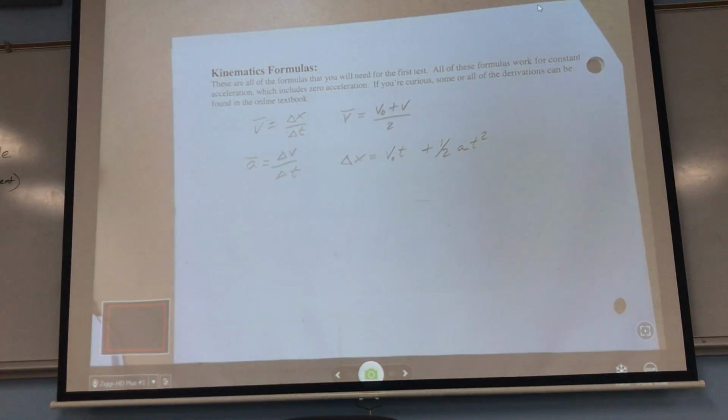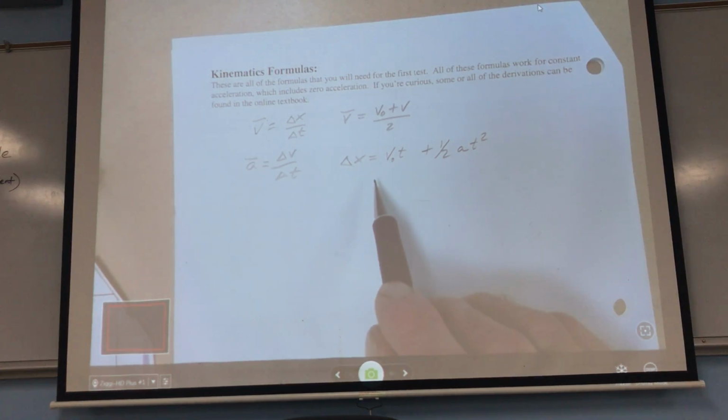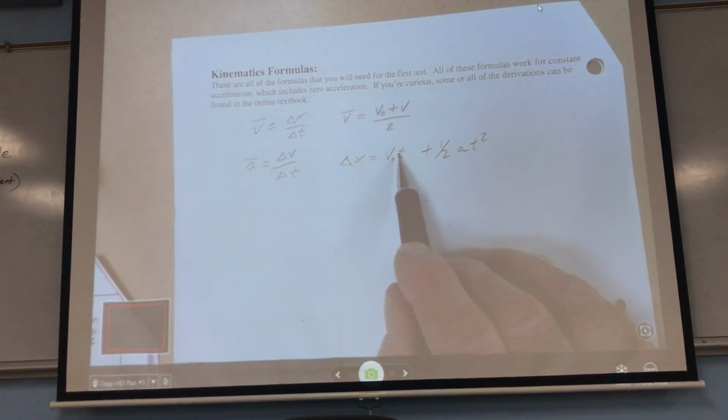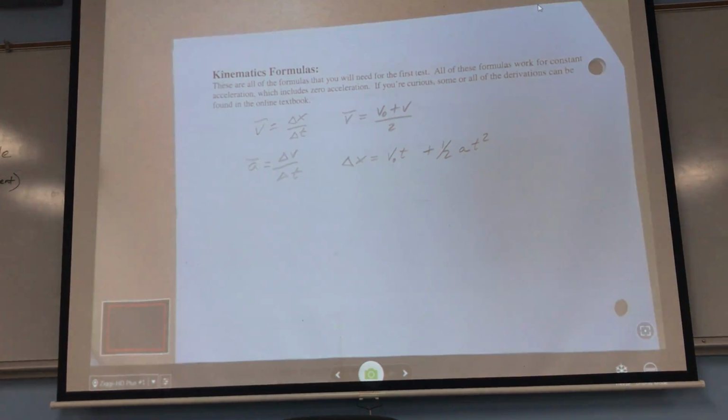So if you want to know how far something is going, like that car that I was just talking about, you could plug in the initial velocity that, for our example, was 0. That means this isn't going to come into play at all. And then you plug in the time, which in our example was 8 seconds, and the acceleration, which was, no, I didn't give you the acceleration.